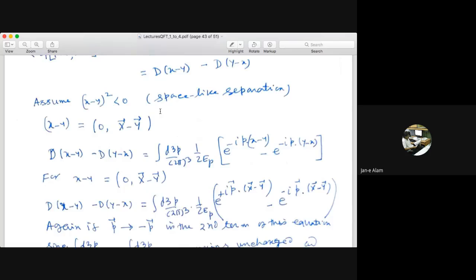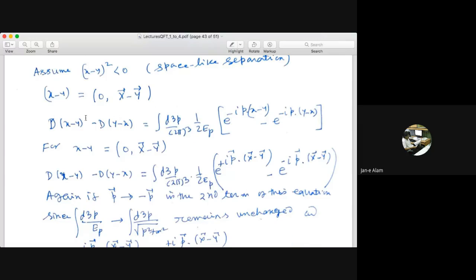Okay, so this D(x minus y) is the particle amplitude for going y to x minus going x to y. This amplitude is the integral of d cube p by (2 pi) cube, 1 by 2 E_p, and then e to the minus i p dot (x minus y). This is the x minus y I have calculated, and then this is just, I'll change x minus y to y minus x, right?